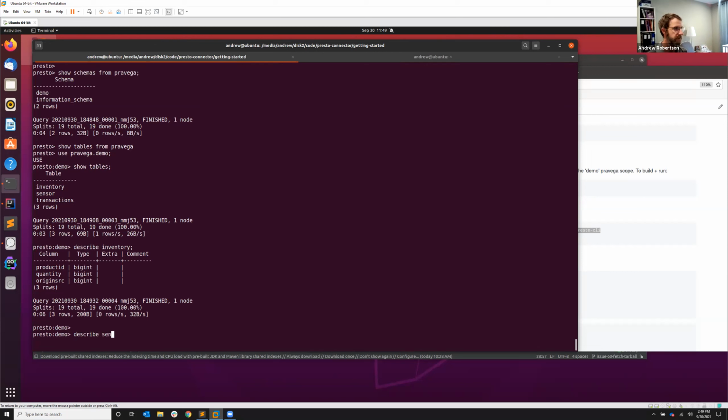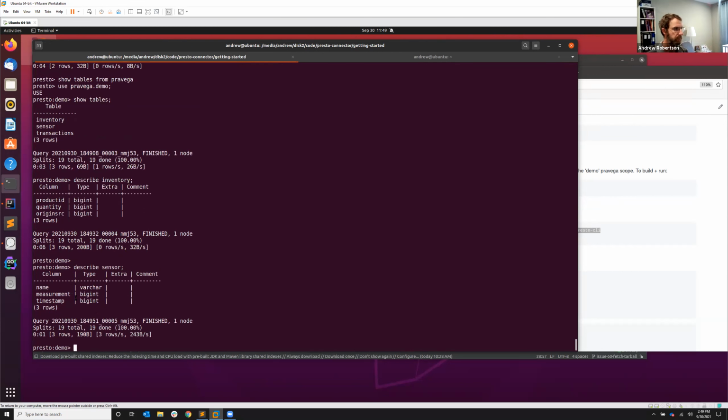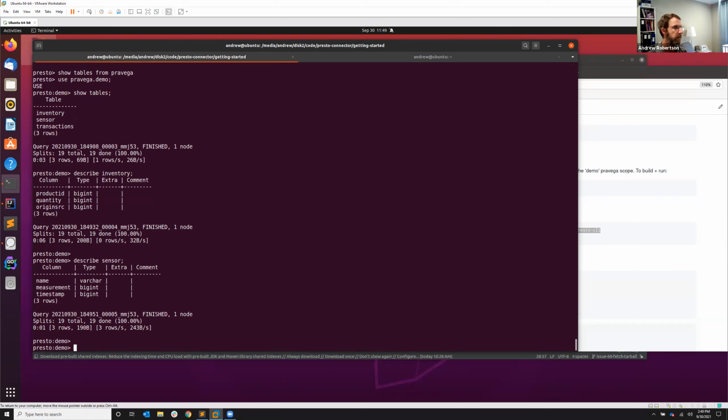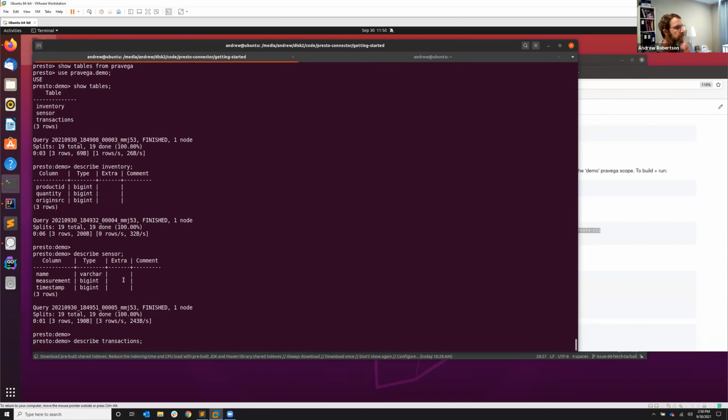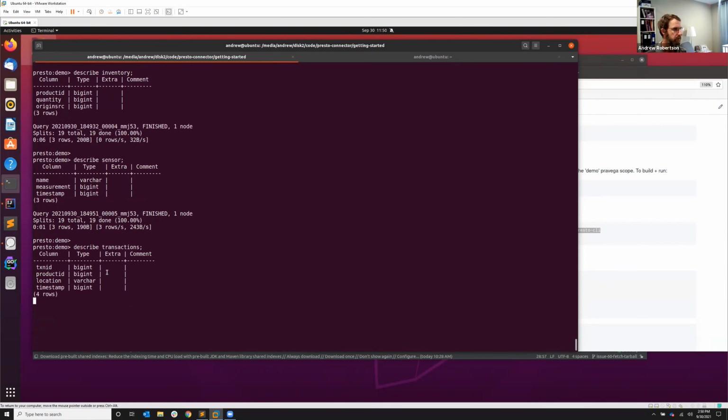Same thing for sensor, and then transactions. So these first two went to schema registry and found the schema, and this last one was found locally, so that's what we used.